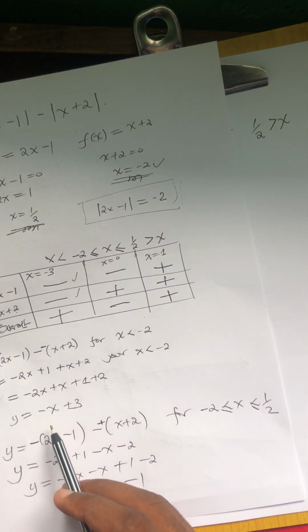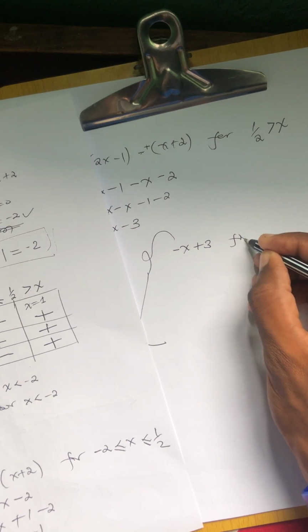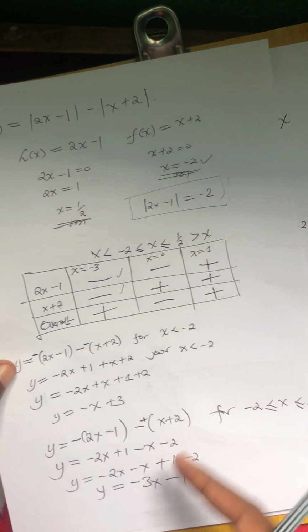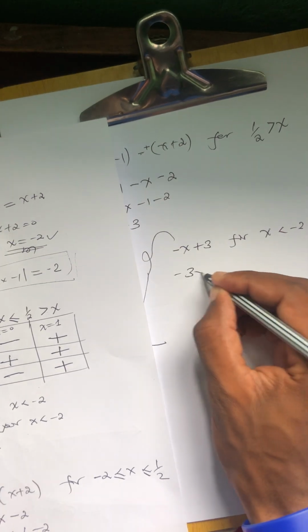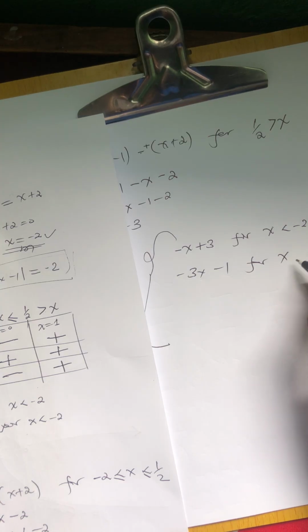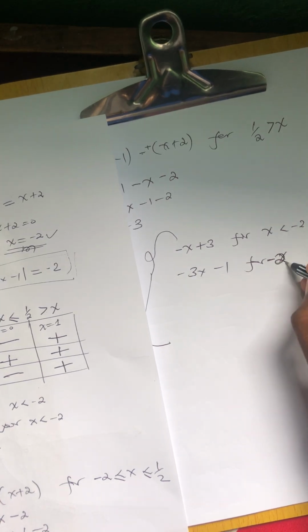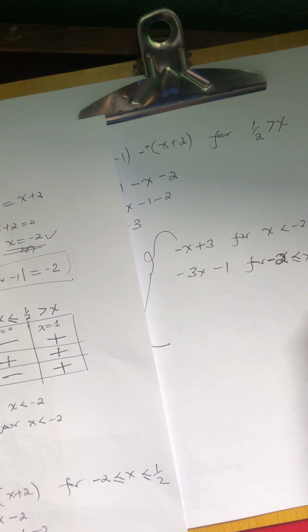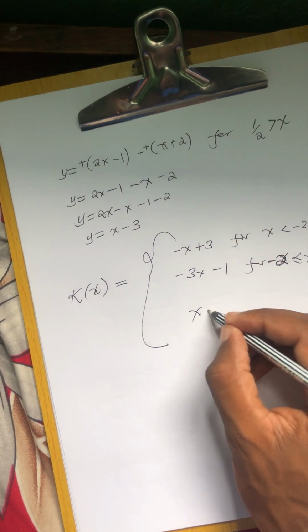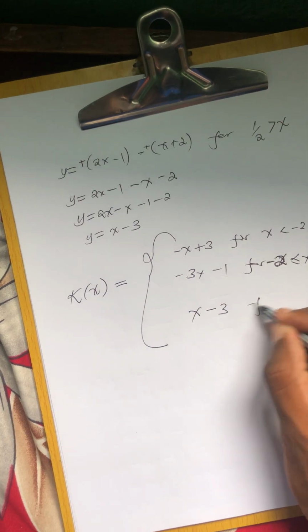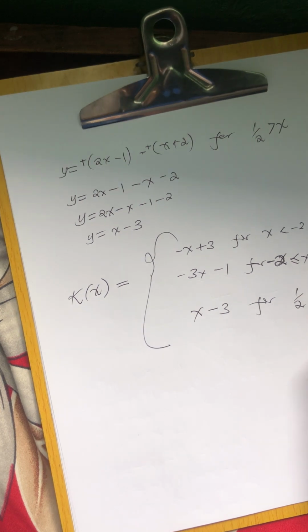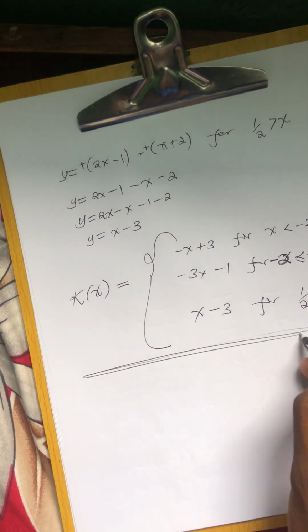Then for the region in between, it gave us minus 3x, then minus 1, for negative 2 less than or equal to x, less than or equal to half. Then x minus 3 for the region where half is greater than x.